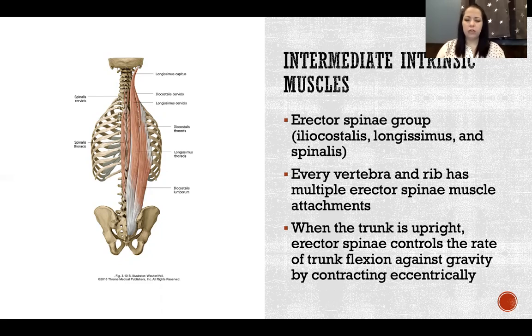So instead of just allowing gravity to pull us in the forward direction into flexion, erector spinae will contract eccentrically as we're going into flexion. Like if the intention is flexion, we are trying to flex, then erector spinae is contracting eccentrically to control that flexion rather than just allowing gravity to allow us to plunk forward, for lack of a better way to say that.